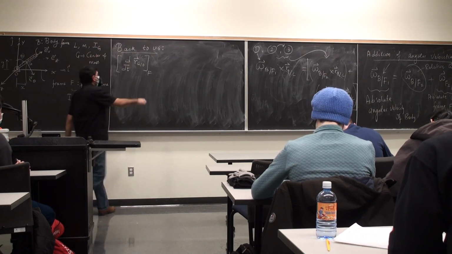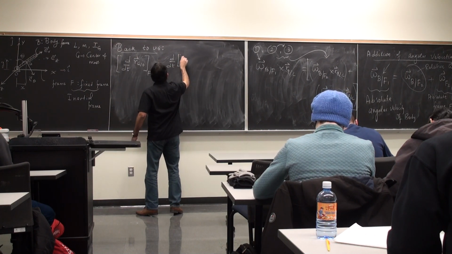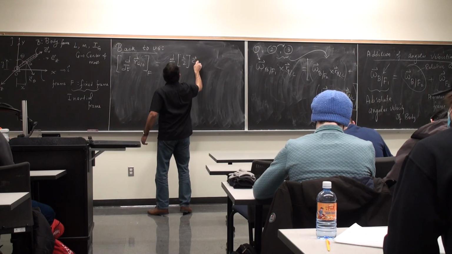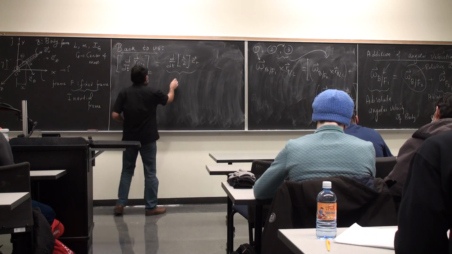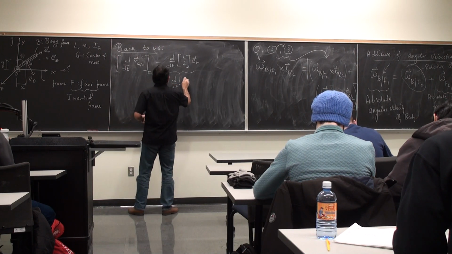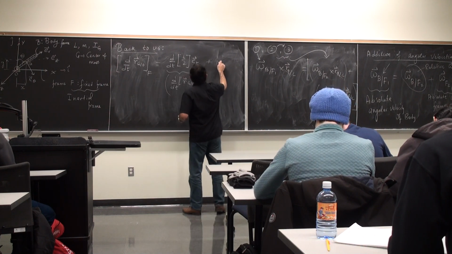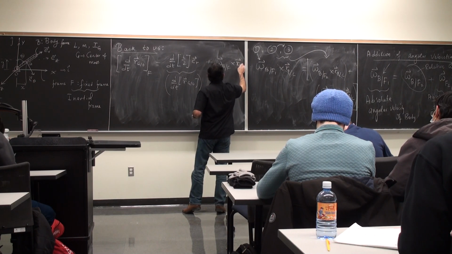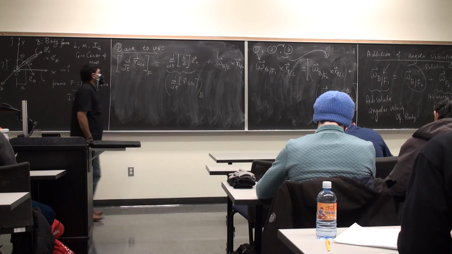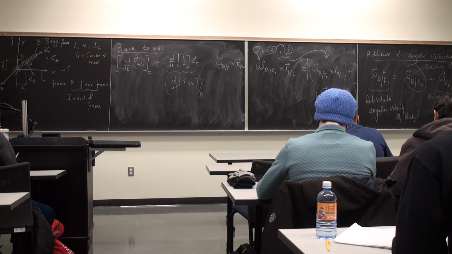Rate of change of this is d by dt of L by 2 ER, which was d by dt with respect to the body frame, plus omega crossed with R. Get rid of that guy in the middle.